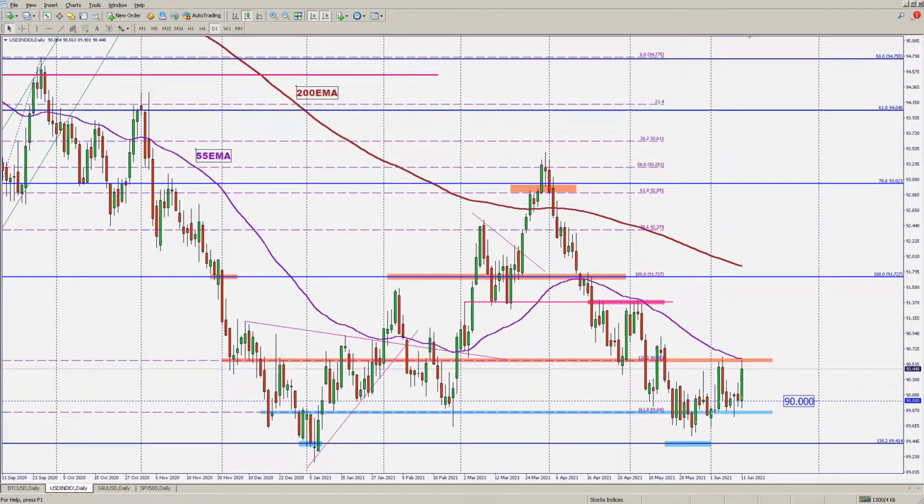So it could have a chance perhaps next week to attempt to break out higher, break through the daily 55 EMA and attempt to climb higher. But it really all depends on the Federal Reserve if there's any key trigger.